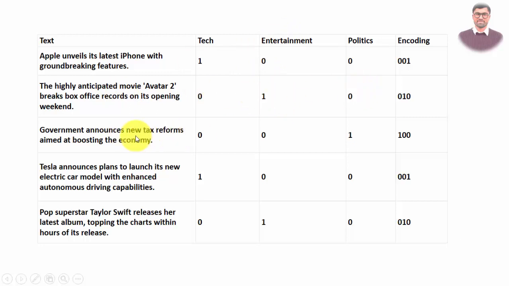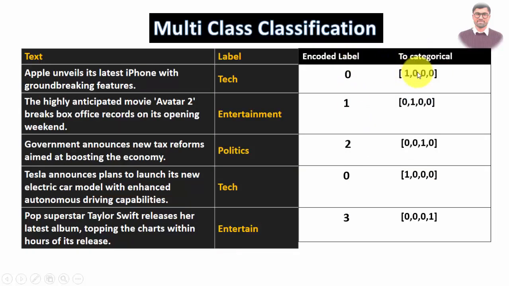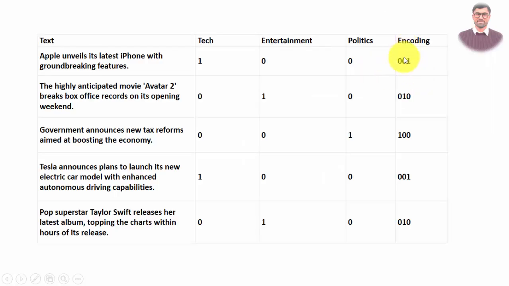And if it belongs to politics, the first 2 cells will be off and the politics cell will be on, because this sentence comes in politics. So the previous part is similar to this one. Finally, your categorical encoding will be something like this.